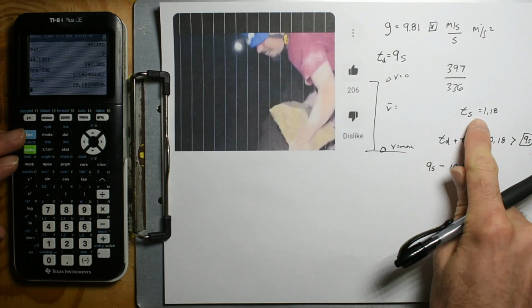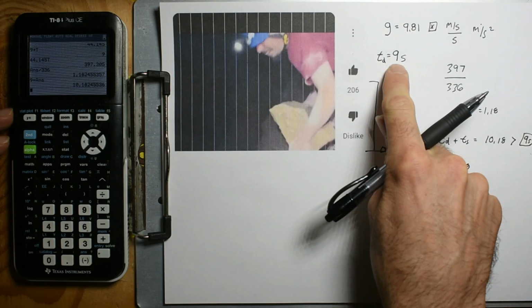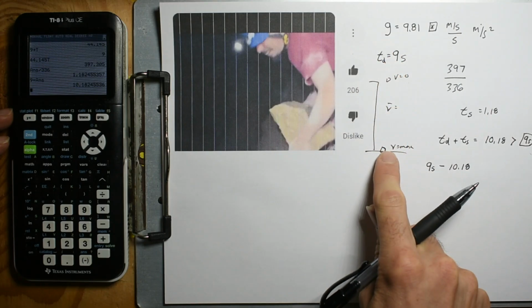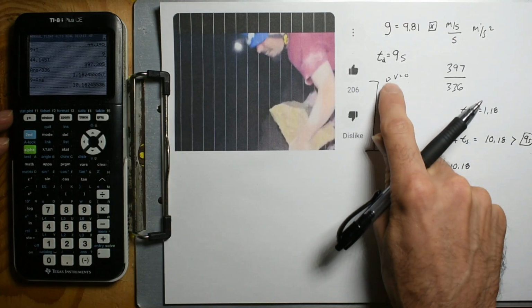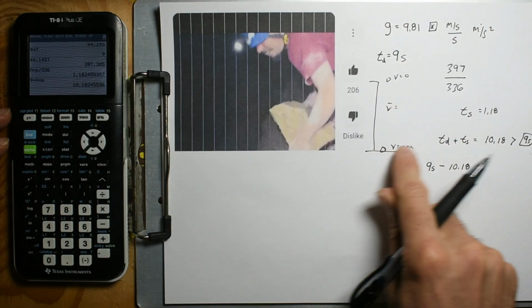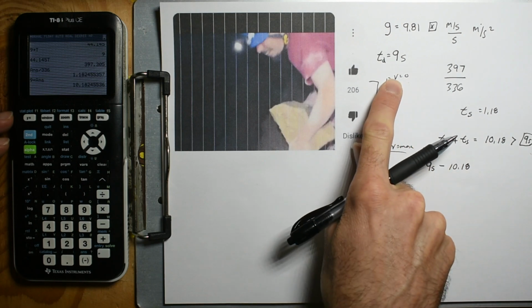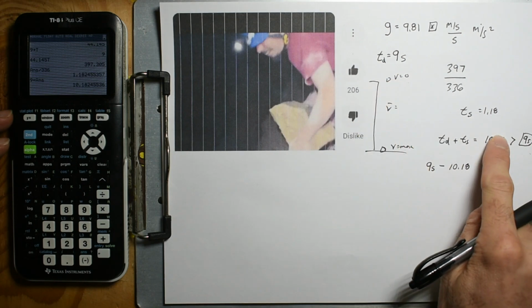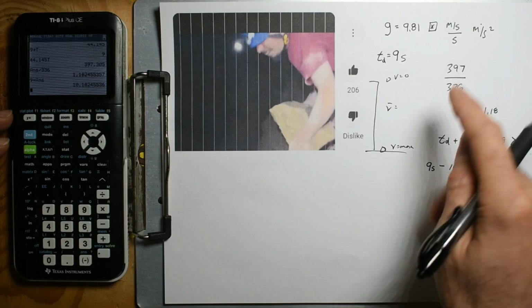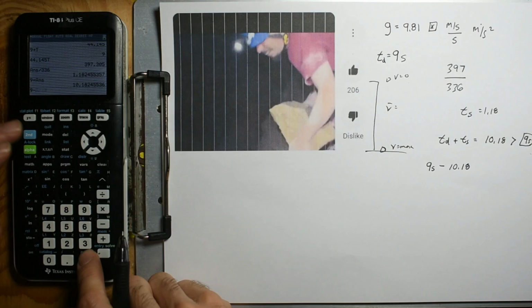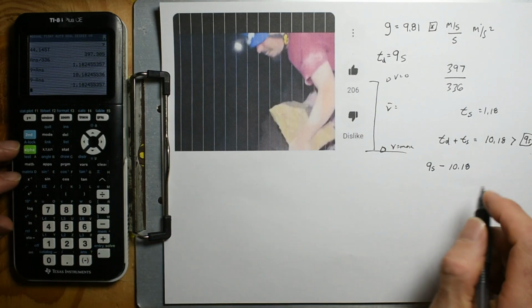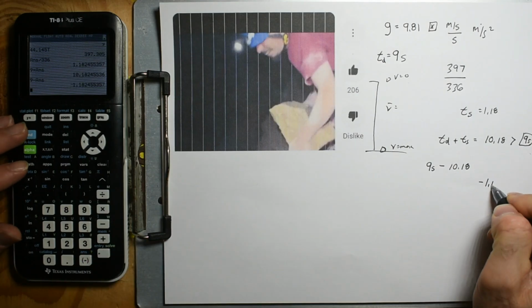And again, we're assuming 9 seconds for the entire fall, and then we're adding back in the fact that it takes 1.18 seconds for that sound to get back, and that's going to be overshot. But now we're going to say, well, it should be 9, and so let's find the difference between those. So I'm going to go 9 minus this, which is negative 1.18.